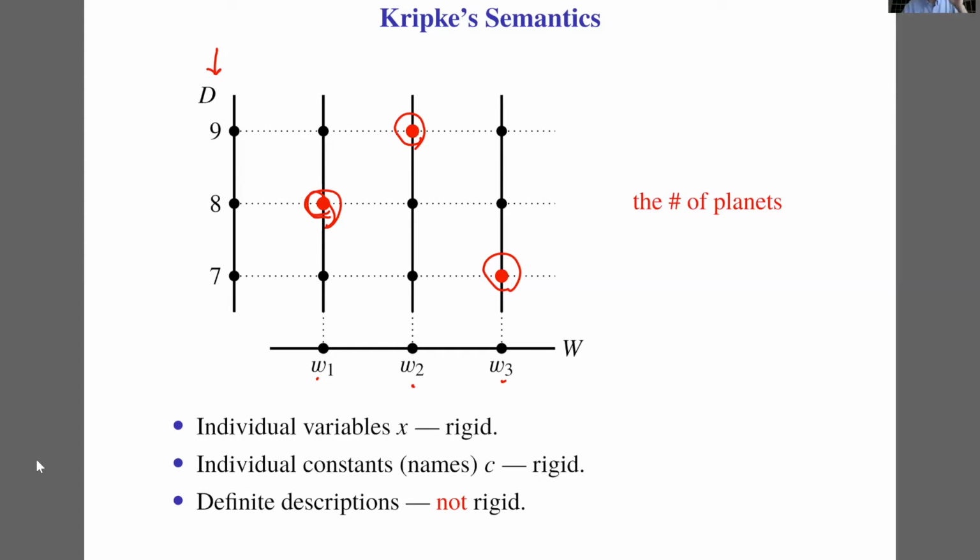Individual variables and constants are rigid designators, and definite descriptions are not. This is a matter of syntax: you just look at the syntax, and whether it is rigid or not is determined by it. It's a matter of logic. If you take a name within this semantics and say that it may refer to different things, then you're making a logical mistake.